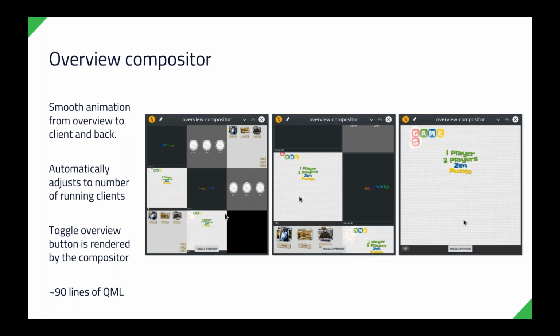But they're scaled down to this overview, and when you click one of the clients, it will maximize, and you can start to interact with it. And if you click the toggle overview button, we'll go back to the overview again in a smooth, nice animation. The button here is also rendered by the compositor, so that's also really simple, just to add some simple UI to the compositor. And this is about 90 lines of code.